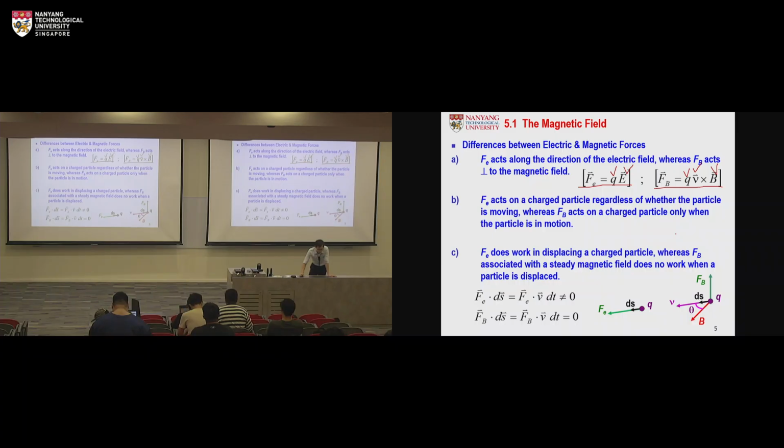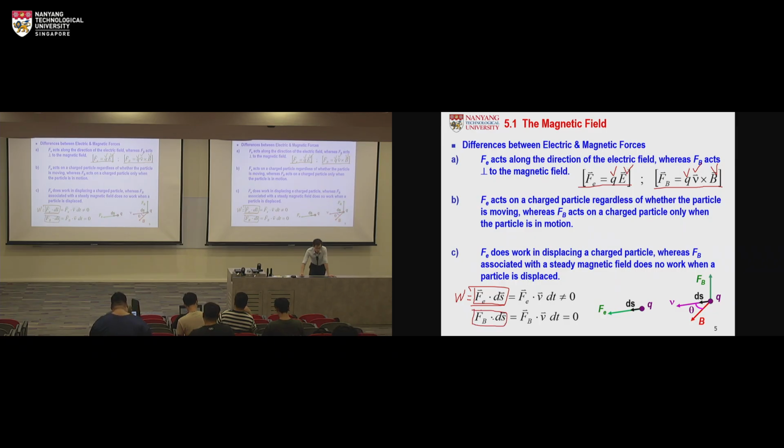And the second is because of this cross product. If we consider the work done by the electrical force and the work done by the magnetic force, that is this one, right? This is the work done by a force: force dot displacement, ds. This is the case for the electrical force and also the magnetic force.